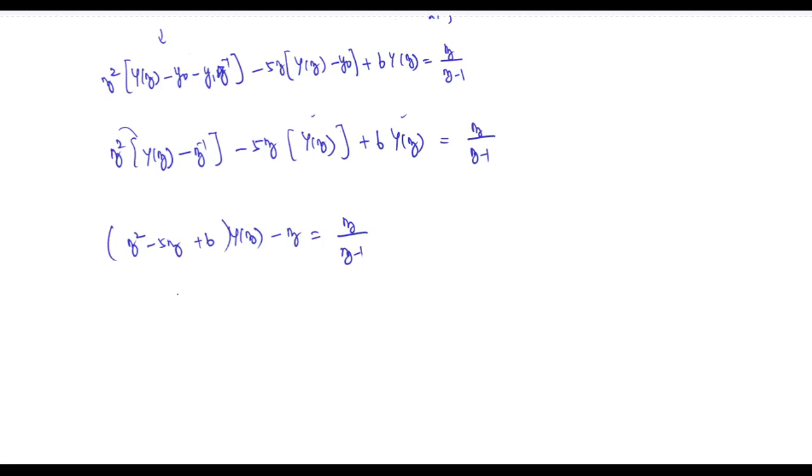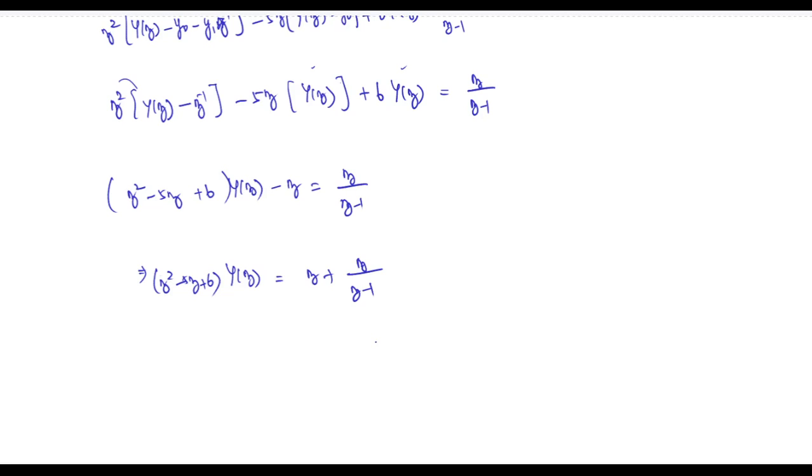This implies Z square minus 5Z plus 6 times Y(Z) equals Z plus Z divided by Z minus 1. Now you know Z square minus 5Z plus 6 is simply Z minus 2 into Z minus 3.